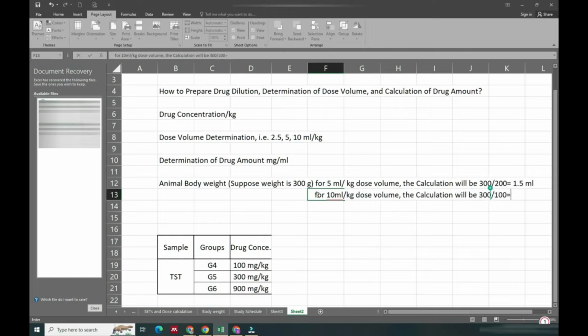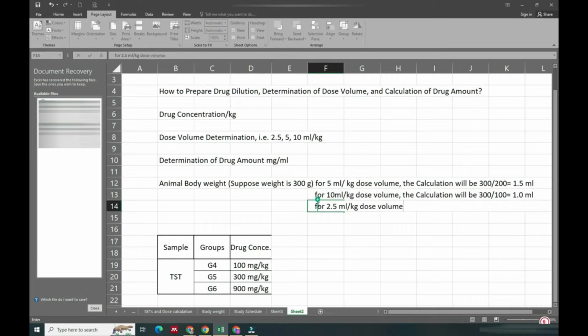So it will be around 3 ml. Sorry, here I have written 1 ml, that is wrong. It is 3 ml.